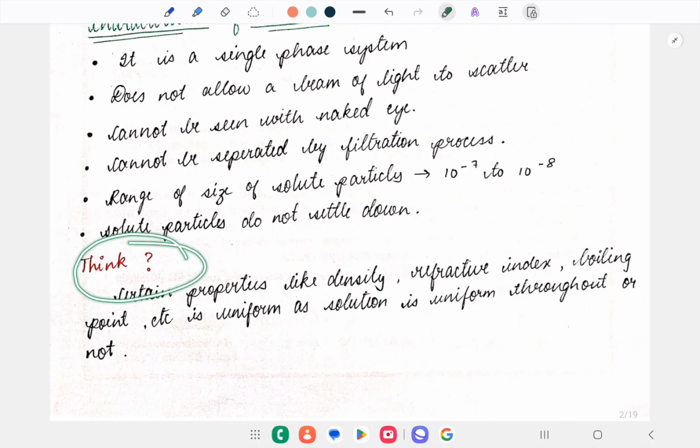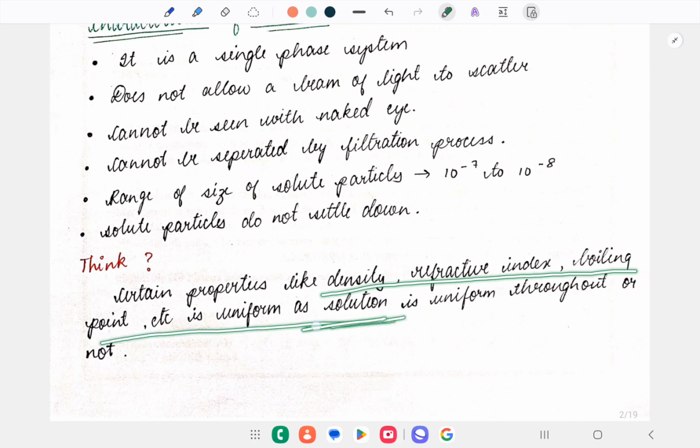Think about it: certain properties like density, refractive index, and boiling point, are they uniform throughout the solution or not? I'll let you know the answer at the end of the video.